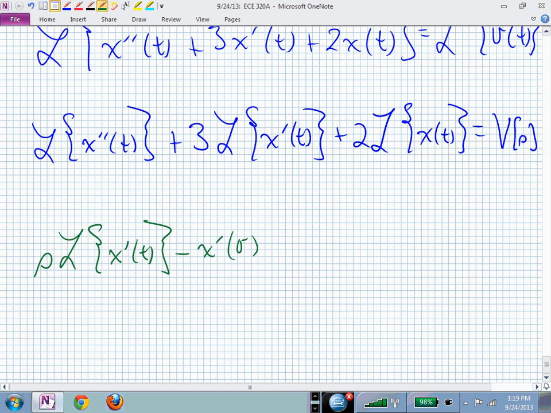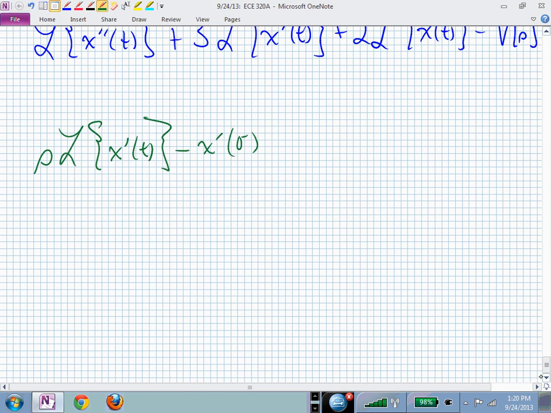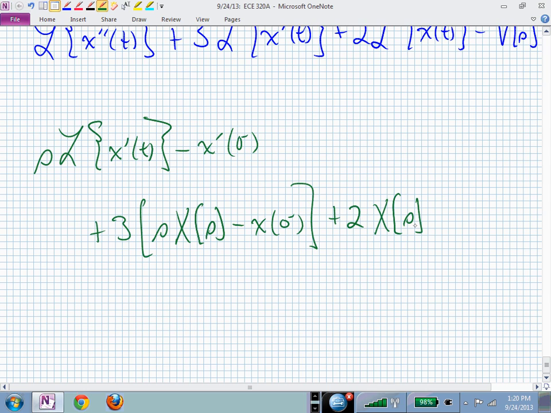And so now I have s times the Laplace transform of g, but g was just x prime, minus g of 0 minus, but again, g was just x prime. Now I need to Laplace transform x prime, and that we've already done. That's s times X of s minus x of 0 minus, plus 2 times the Laplace transform of x of t, which is just capital X of s. And that's equal to V of s.